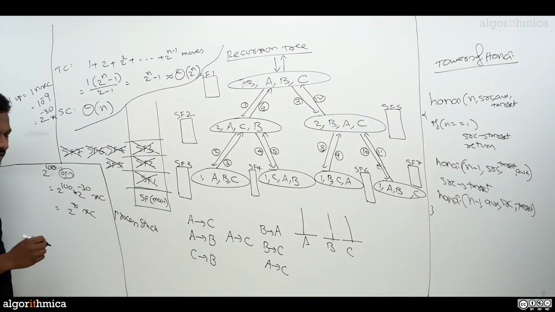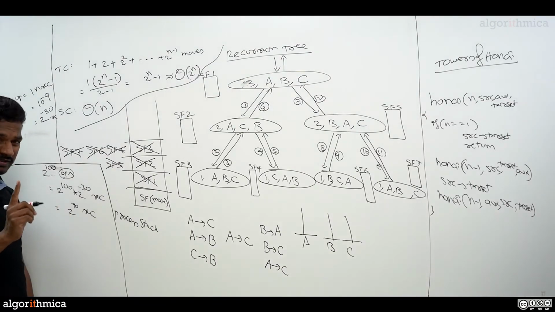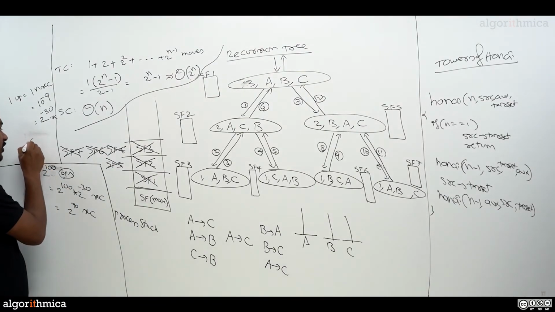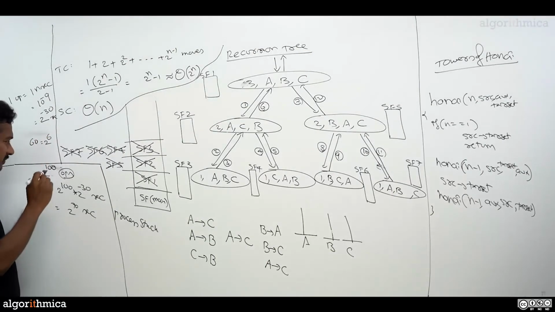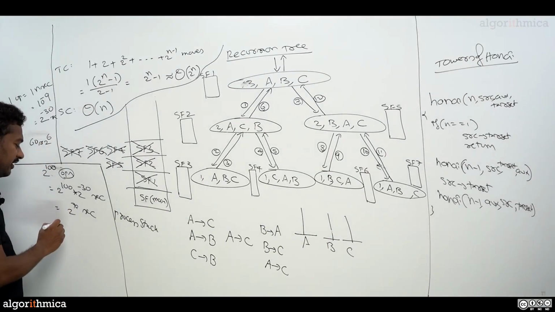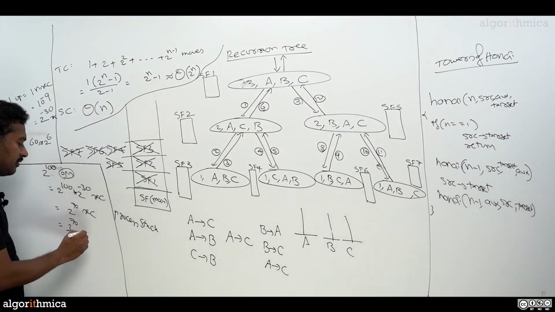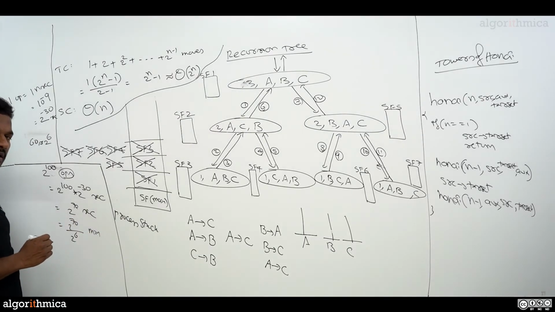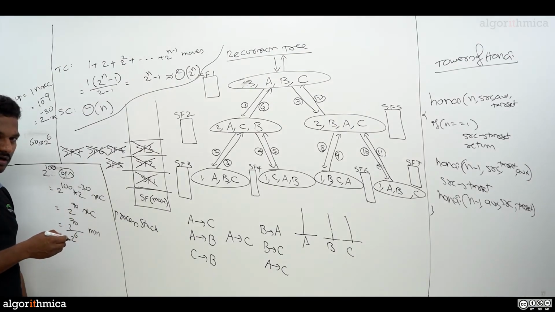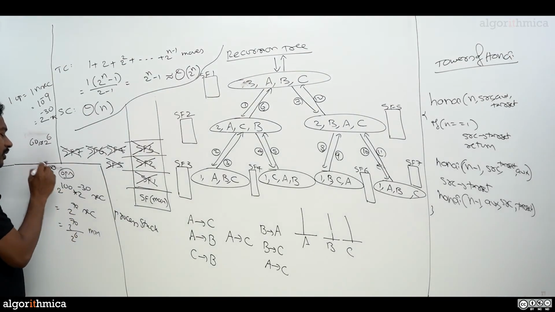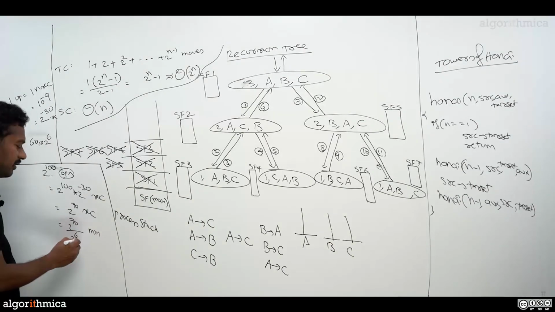What is 2 power 70 seconds? Let's convert it into minutes. 1 minute equals 60 seconds, and I can approximate 60 as 2 power 6. So 2 power 70 divided by 2 power 6 gives minutes. To get hours, since 60 minutes is 1 hour, I divide by 2 power 6 more.